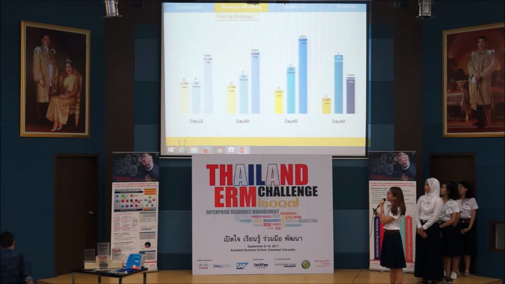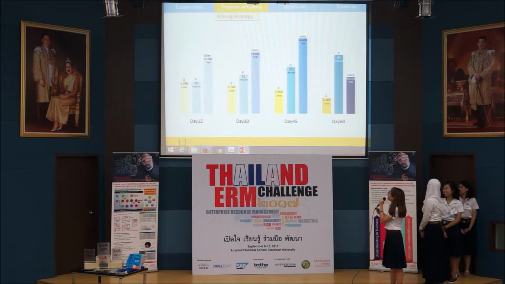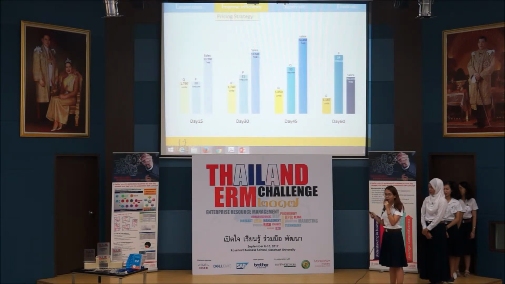until we get to the point that our units sold have decreased. So we can determine that the price at 33 baht can generate higher units sold and higher sales, and this leads to a higher trading profit.